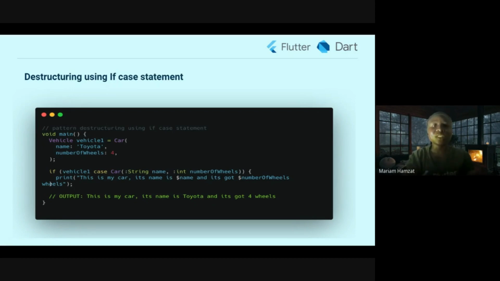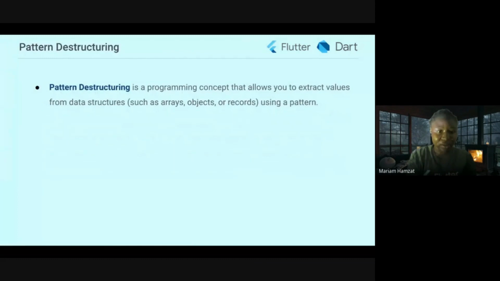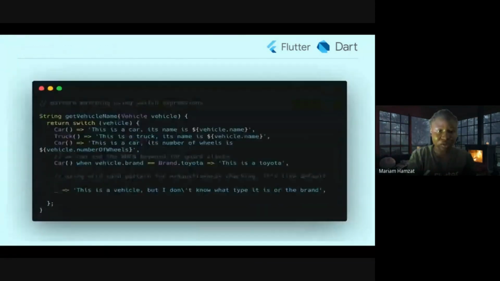It literally prints what you put at that last part under the underscore. I think I have an example like that here. Something like this underscore, then what it's going to print is on the right hand side. So this is like a default setting. It's called a wildcard pattern.